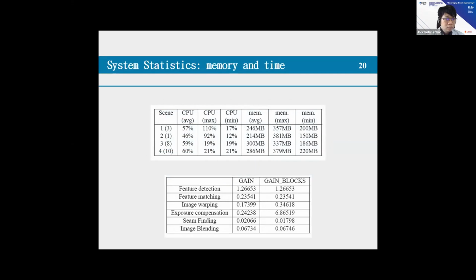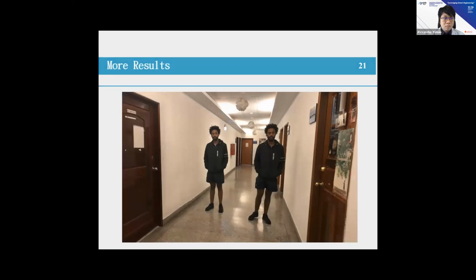I think in most cases the memory involved is reasonable. And for timing, you can see that most of the time is spent on exposure compensation. So if you want higher quality, you can spend more time on that. Otherwise, in general, the whole system will take less than 2 seconds to finish the composition.